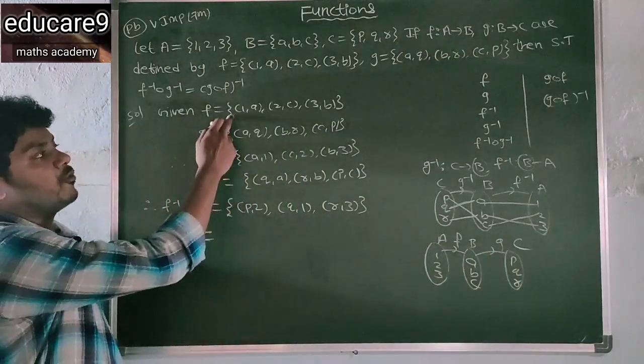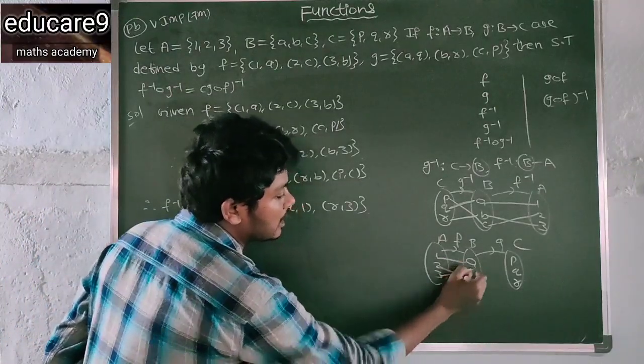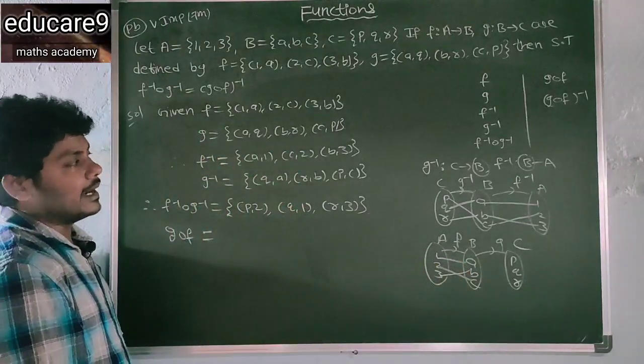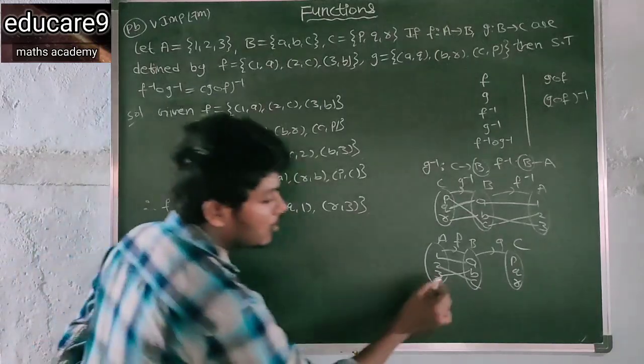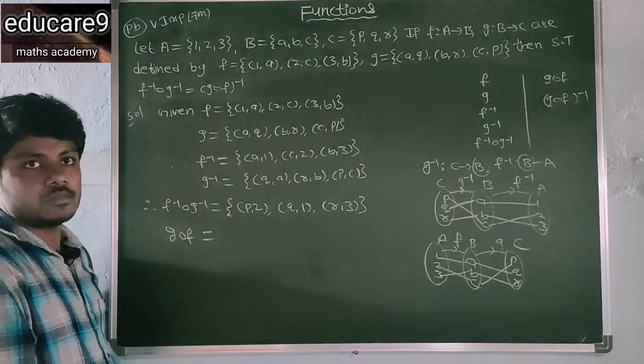So for F, 1 comma A, 2 comma C, 3 comma B. And in G, A comma Q, B comma R, C comma P.